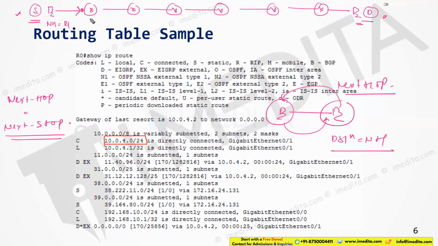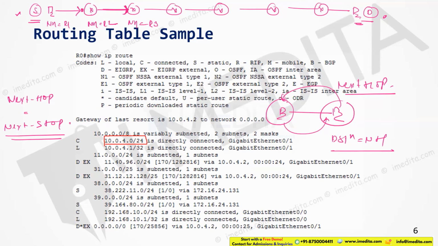I will send the packet towards router number 1. R1 will receive it. When the router has to forward the packet towards this destination, it will take a look at its routing table and find out that in order to go to that destination, I must forward the packet to router number 2. So from this router's point of view, router number 2 is the next hop. Then the packet will reach router number 2. From router number 2, router number 3 is going to act as the next hop.